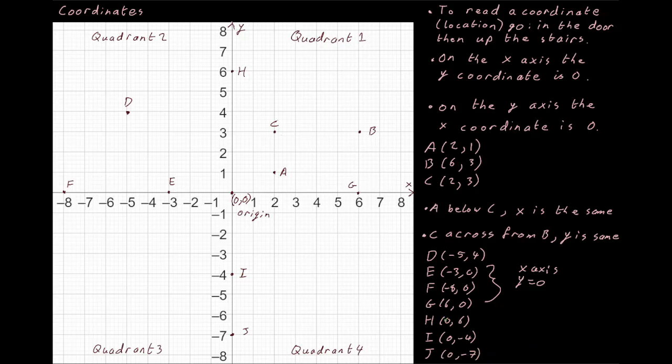And we can see the x-coordinate for all of those is 0, and we're on the y-axis. So all of these points are on the y-axis, and we can read that from their coordinates as well, because x is equal to 0.